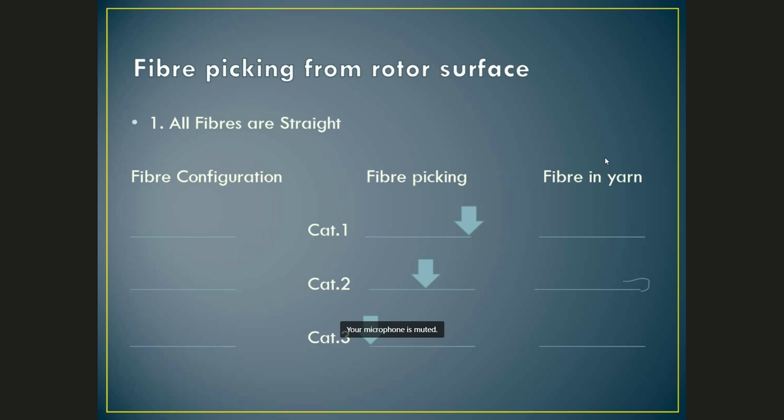This part was in the transport tube and it was just emerging from the exit point of the transport tube. So what is going to happen? The fiber in the yarn will remain straight. There is no change, because this portion is in the transport tube. It is just emerging out, the yarn tail comes here and picks the fiber, and it is now straight.